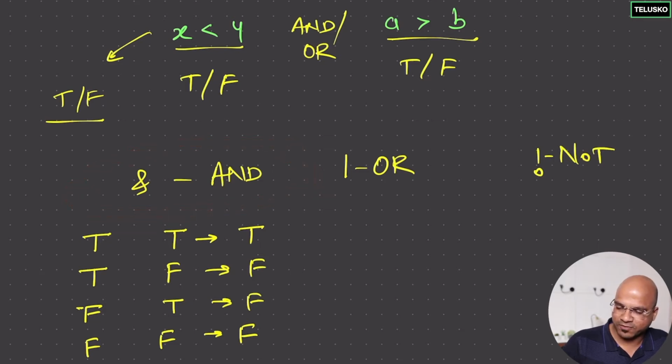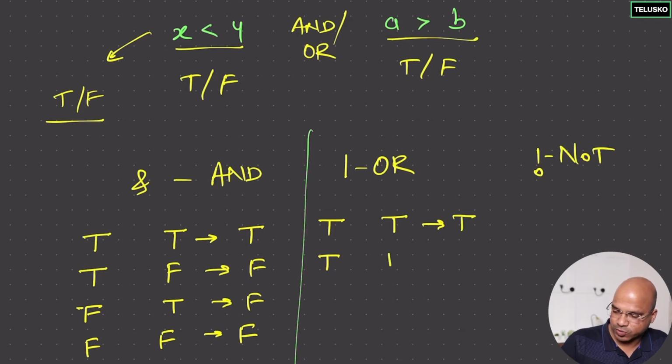But what if you have a different set of things in your mind? Let me divide this, and the second set would be: if the first one is true and the second one is also true, you will get true. If the first one is true and the second one is false, it will give you true. If the first one is false and the second is true, it will give you true. And if both are false, it will give you false.